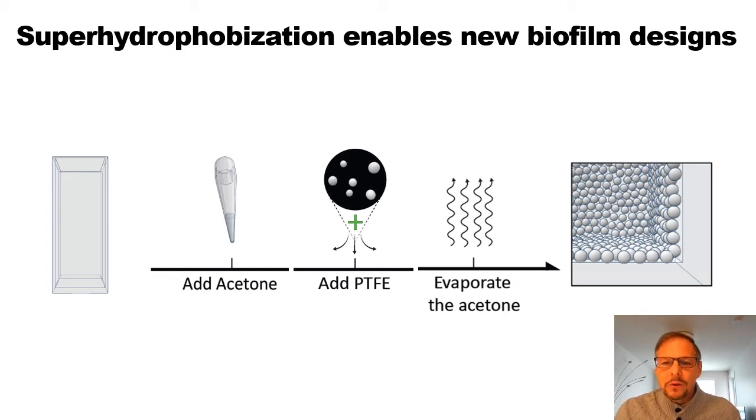And this is where we're going to add the culture medium with the microorganisms so that the microorganisms can have access to the oxygen that is entrapped between the walls of the mold and the hydrophobic particles.